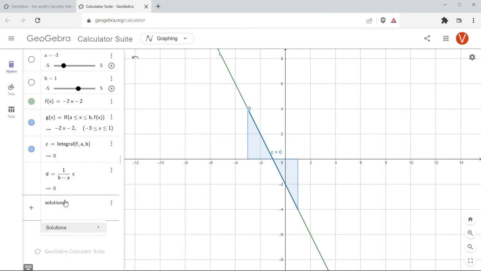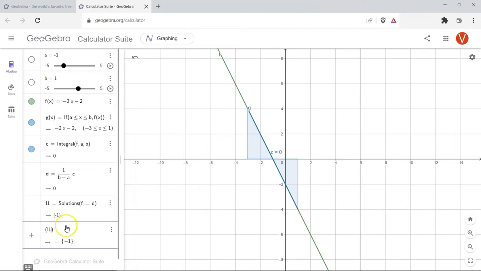So solutions: when f is equal to d, this d value we have got, for what value of x is f of x 0? That is -1. So at -1 it is 0, and now let's define it as a point L1, the first solution.